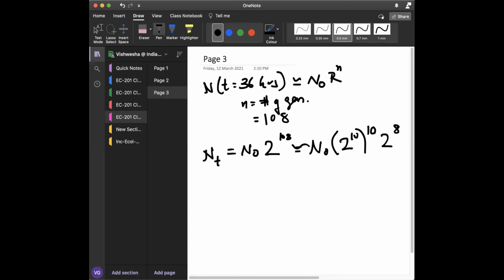This is 2 power 100. This is 2 power 8. Is everyone fine with this? And 2 power 10 is 1024, and that's approximately 10 power 3. So what we have is 10 power 30 times 2 power 8. Is that fine?